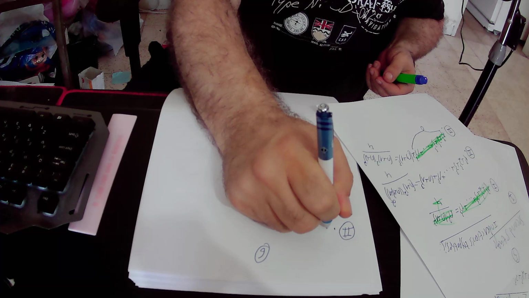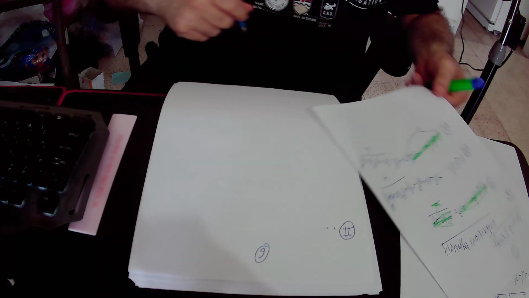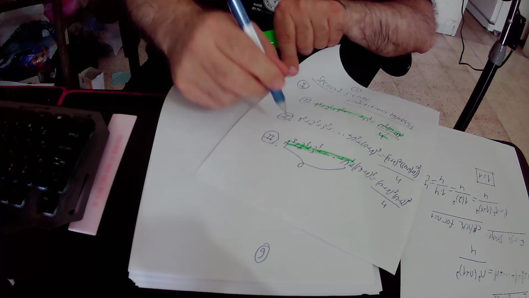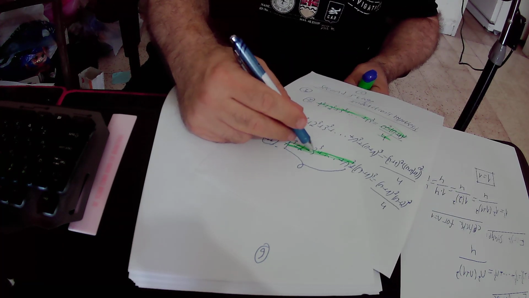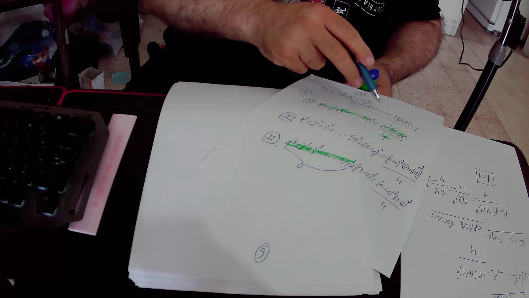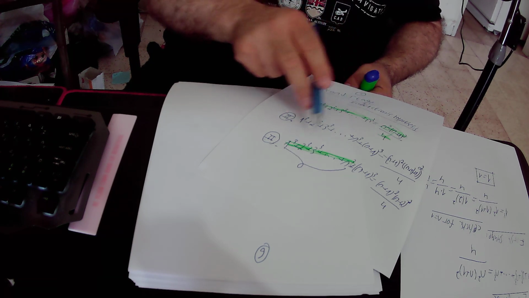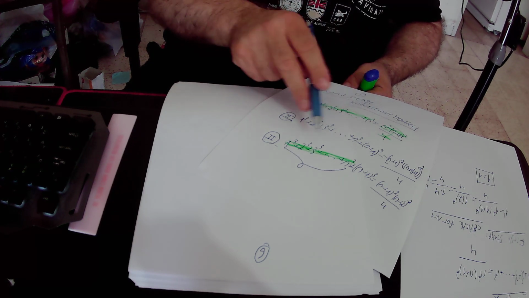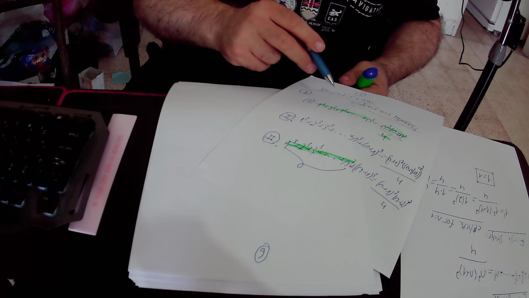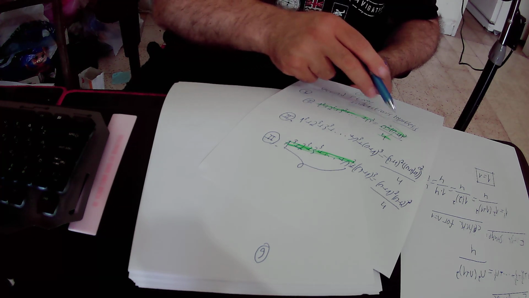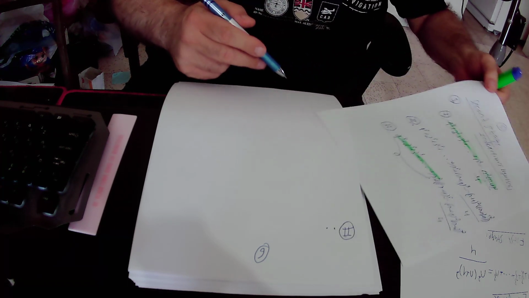So instead of this expression, we will write this expression, because they are identical, they are equal to each other. So we will write n squared times n plus 1 squared divided by 4.